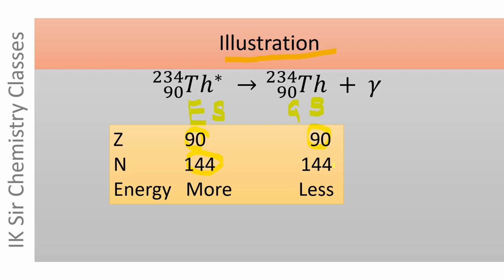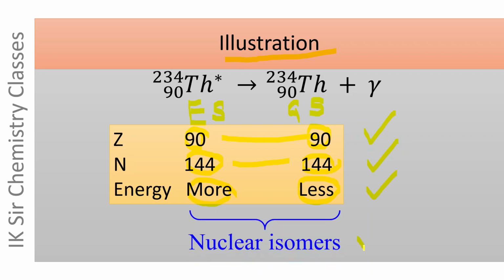It also has 144 neutrons in the nucleus. Same number of protons and same number of neutrons, but it has slightly higher energy while it has slightly lower energy, and therefore these two nuclides, these two atoms which have the same number of protons and same number of neutrons but different amounts of energies associated with them, are called nuclear isomers.